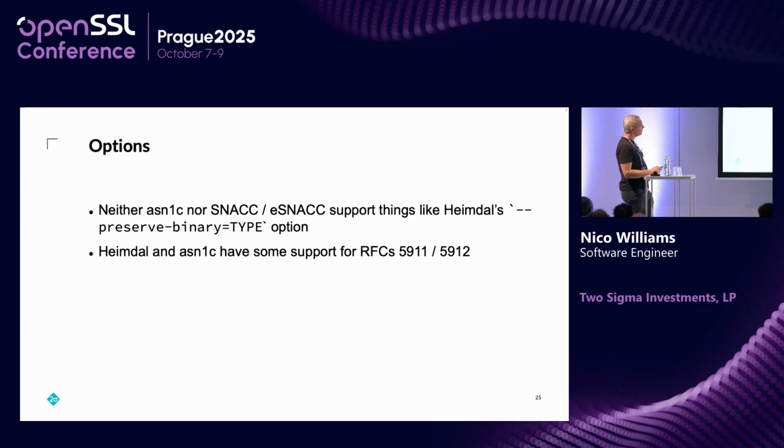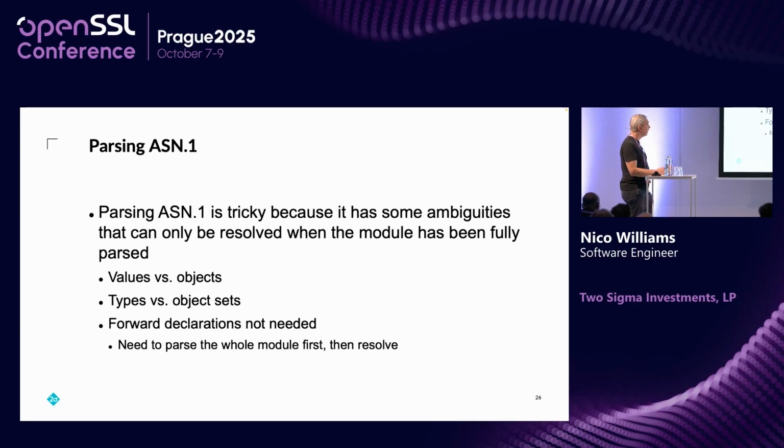So ASN.1C and SNACC don't support preserved binary. At least I couldn't find that they do, but I only did a cursory look. And only Heimdal's and ASN.1C compilers support some of the features in RFC 5911 and 5912. And if you wanted to build your own, well, that's tricky. ASN.1 is tricky because it's kind of ambiguous.